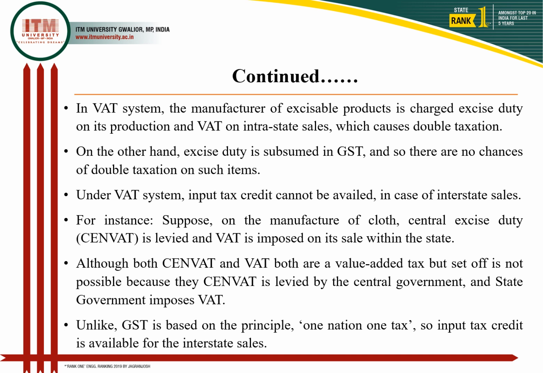So although it has reduced the taxation system, there is still a problem where the manufacturer is charged with excise duty and VAT on intrastate sales, so double tax has to be paid by the manufacturer, right? While in GST there is no chance of double taxation at all, right?